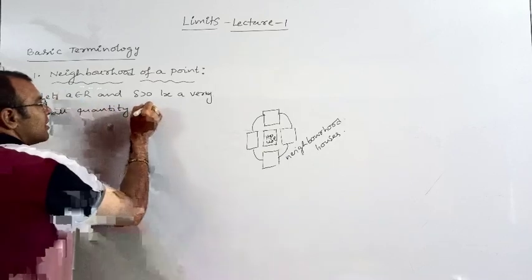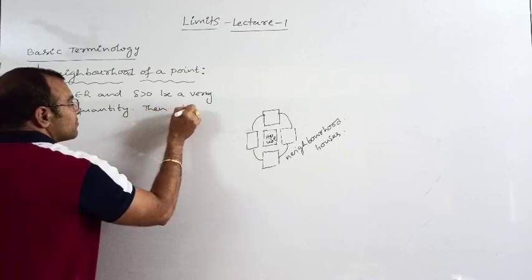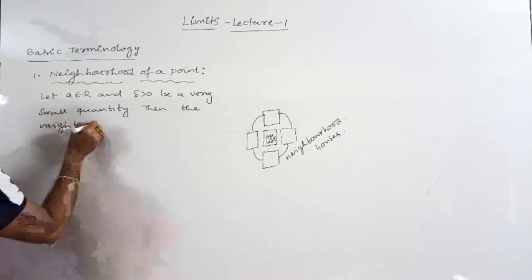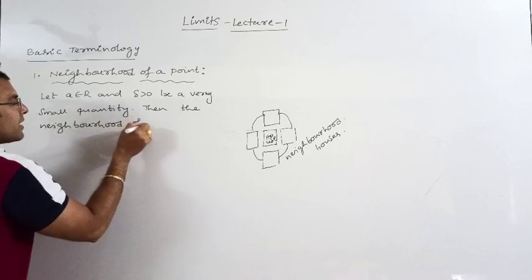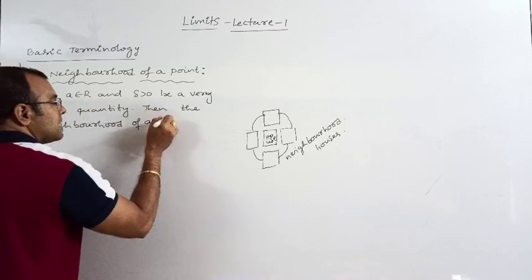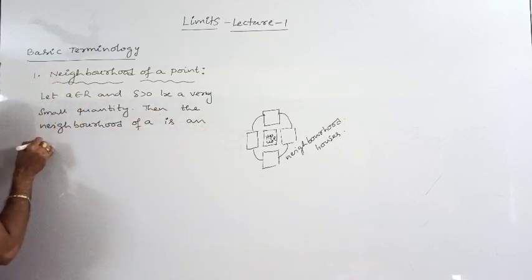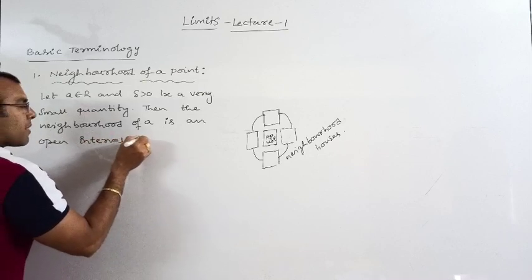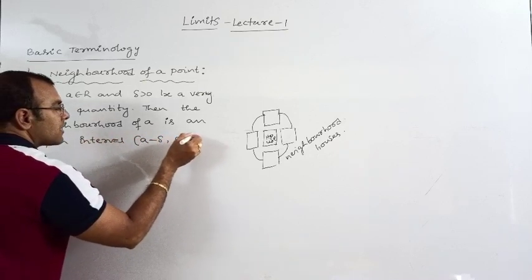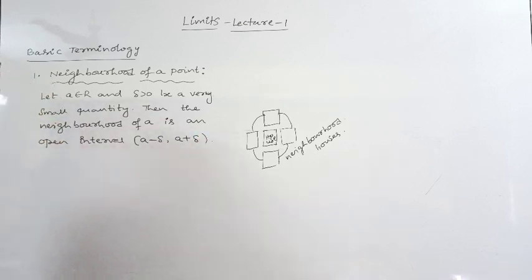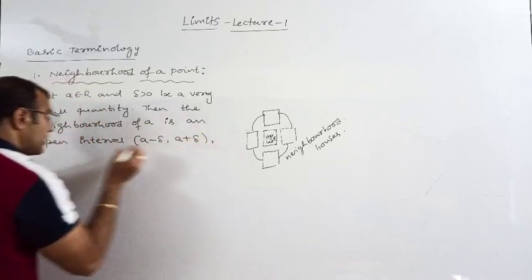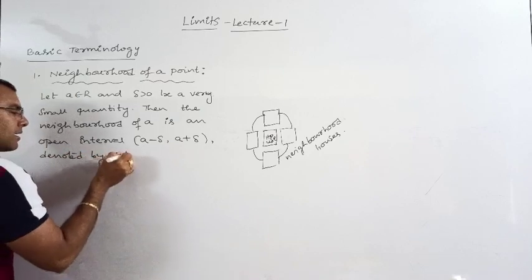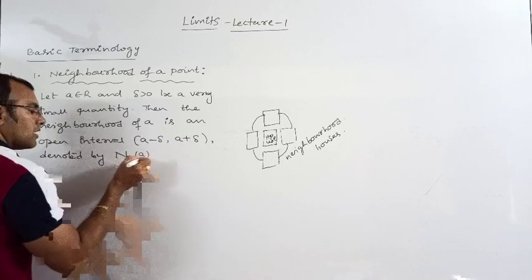Then the neighborhood of a is an open interval, a minus delta comma a plus delta, denoted by N delta of a.